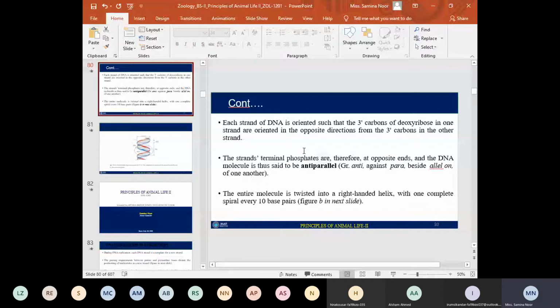One is from 3' to 5'. That's why DNA strands are known as anti-parallel strands. The strands' terminal phosphates are therefore at opposite ends. So DNA is an anti-parallel molecule.